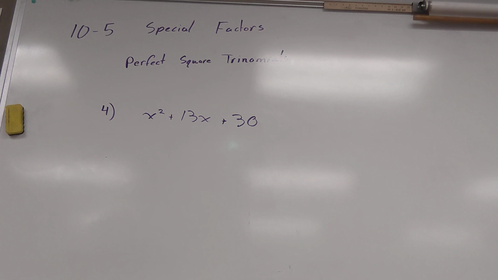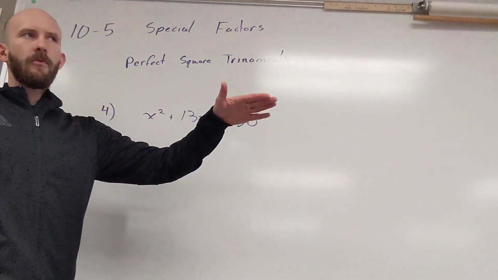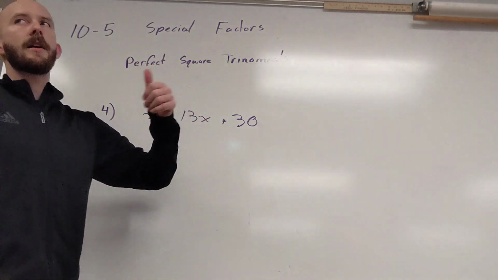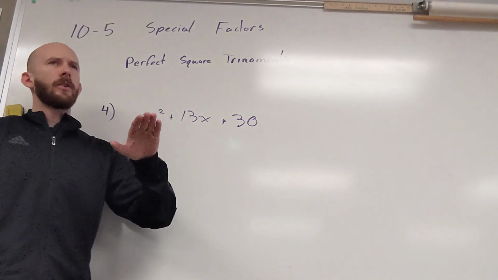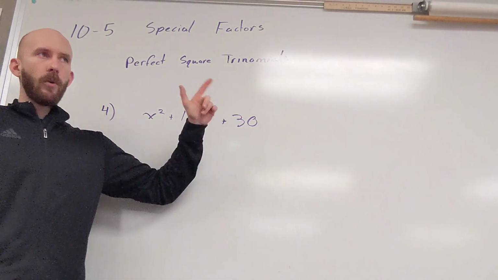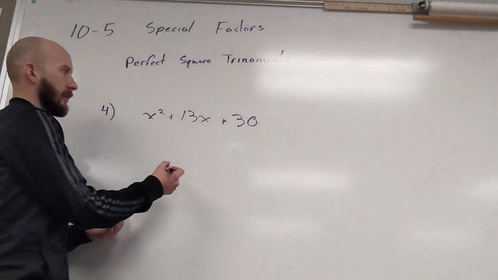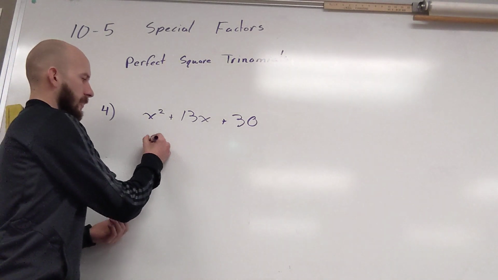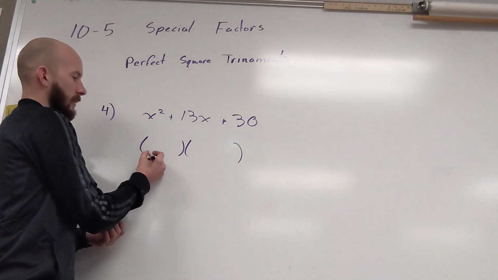Pretty good. Okay, I do want to talk about this one a little bit. I'll go ahead and give you a forewarning. This is not a perfect square trinomial. There's going to be like one or two on your worksheet maybe that aren't going to work like those other ones. So this one, you're just going to factor like normal. So set up your parentheses. What has to go in the first?